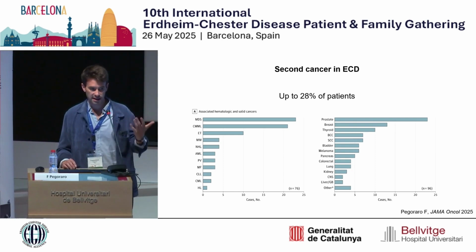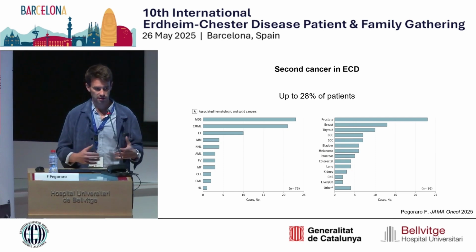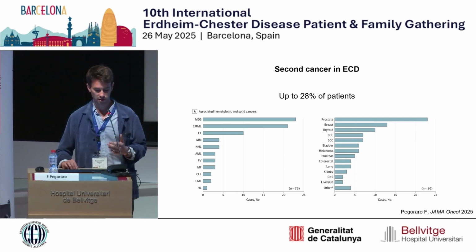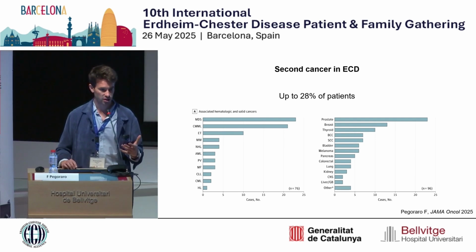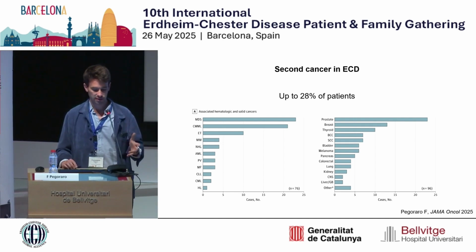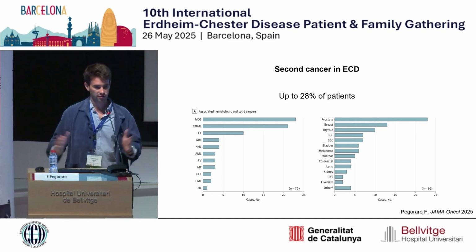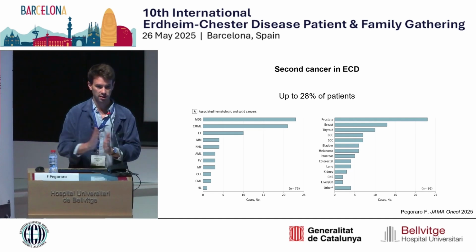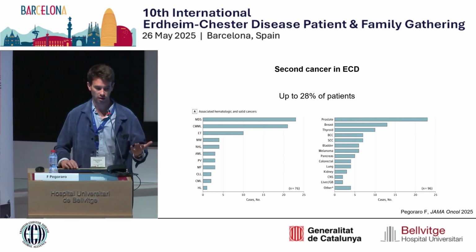But since then, we have expanded this observation a bit, and we have evaluated a very large group of patients in Italy and France, up to 500 patients, and we found that up to 28% of these patients during their life, so that could be before ECD or after ECD or concomitant with ECD, had an associated cancer.